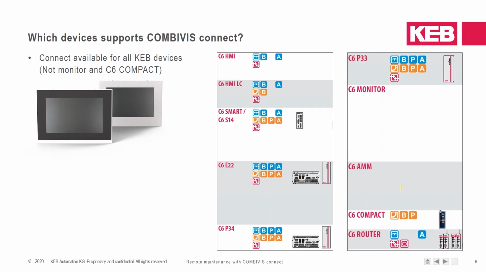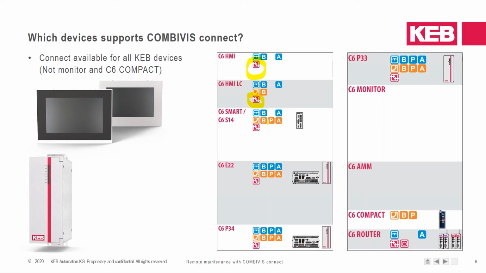So you see here, for example, in the picture on the left side, a resistive and capacitive HMI or PLC. Those components have, you see it in the table, the symbol of the Connect. And here you see all the time we have for the HMI and the C6 HMI LC, the Connect runtime installed. So all the time you have the chance to use remote control or remote access.